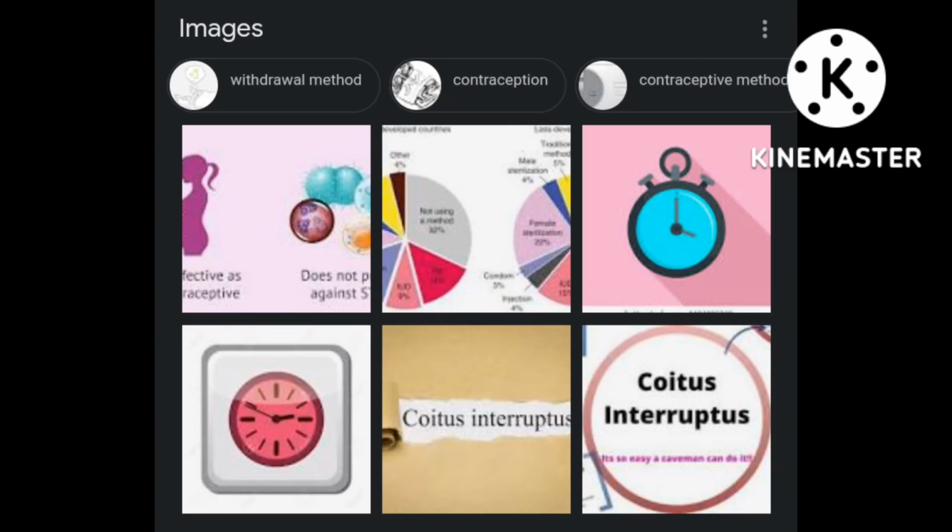Coitus interruptus, also known as withdrawal, is a traditional family planning method in which the man completely removes his penis from the vagina and away from the external genitalia of the female partner before he ejaculates. How to use is the same as the description.